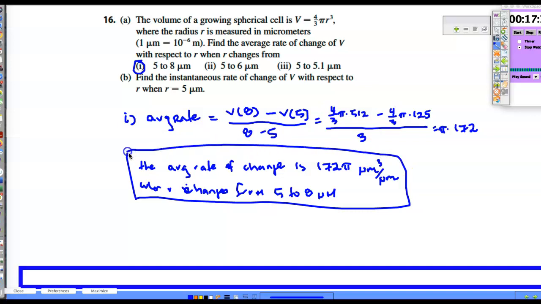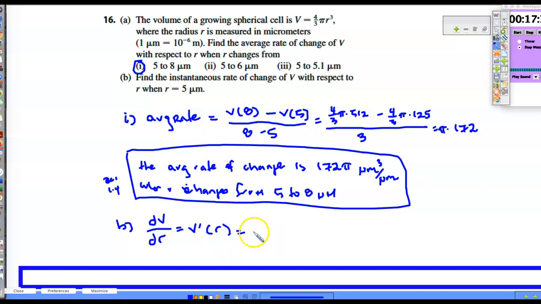Finding the average rate of change is something that we looked at back in the 1.4 section. Now we're talking about finding the instantaneous rate of change with respect to r when r is 5 micrometers. In this part B, that instantaneous rate of change is going to be dV over dr, which can also be written as V prime with respect to r.